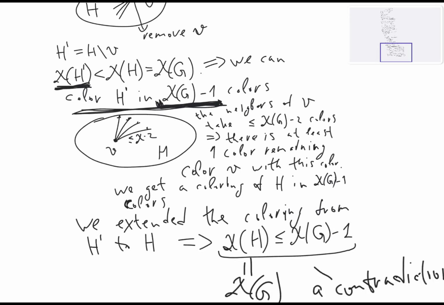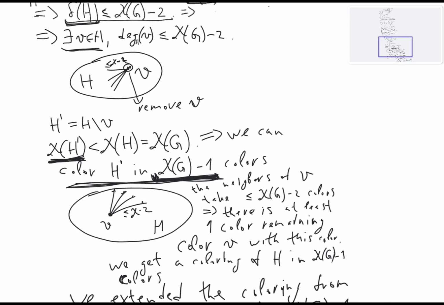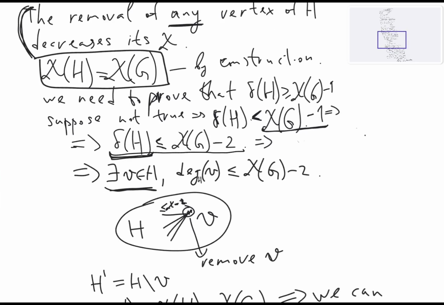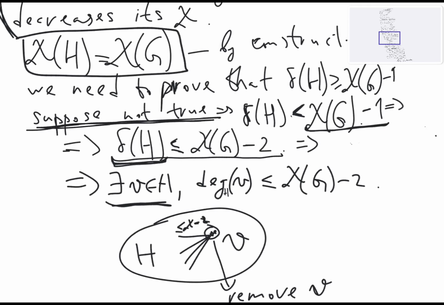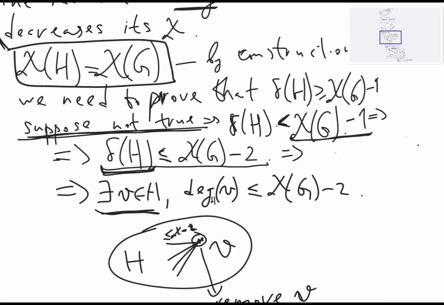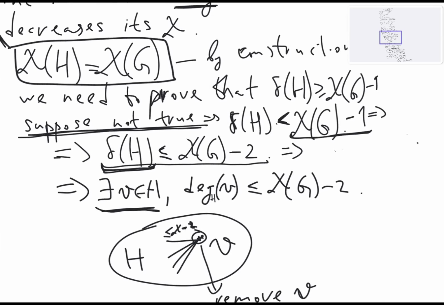Yeah, a contradiction with the assumption, with this, we supposed that it is not true. So this assumption led to a contradiction. Therefore, this is true.